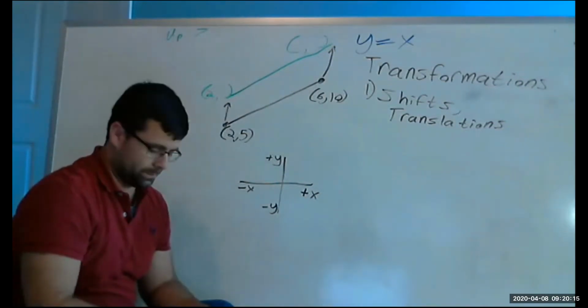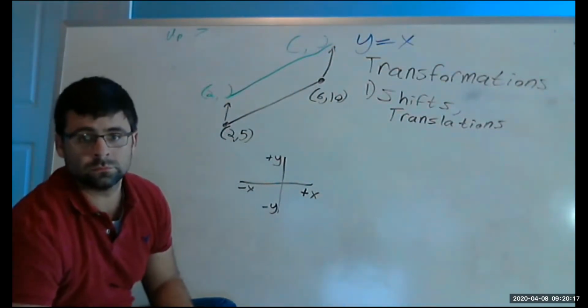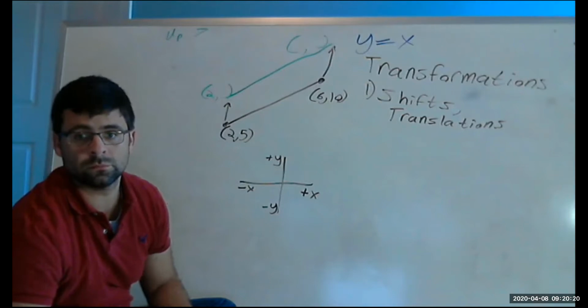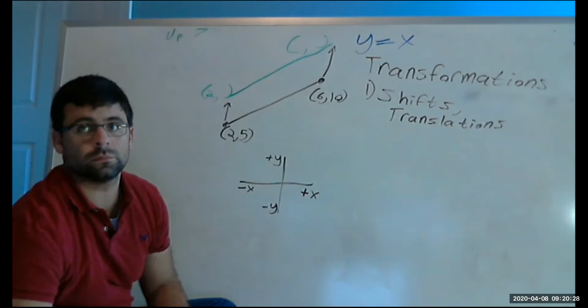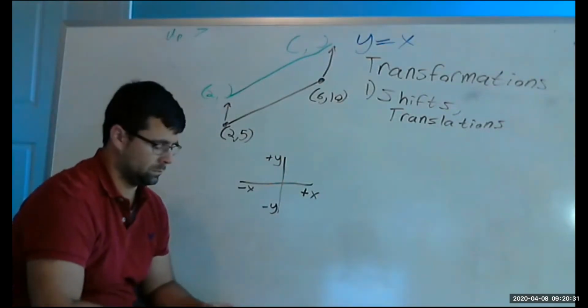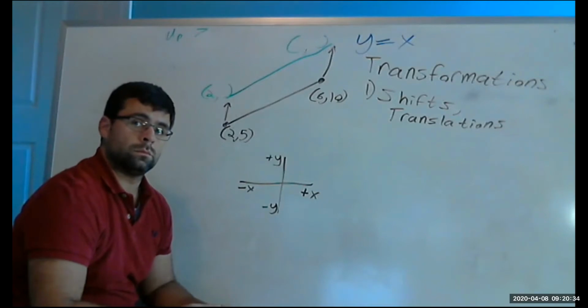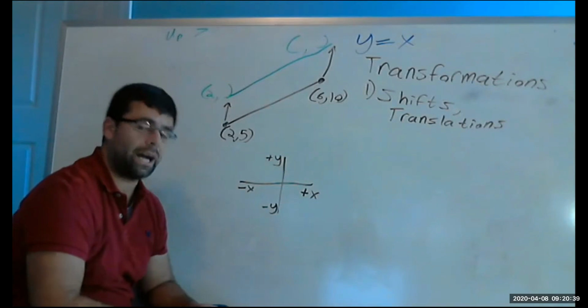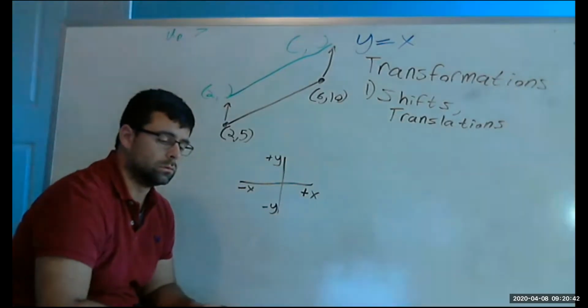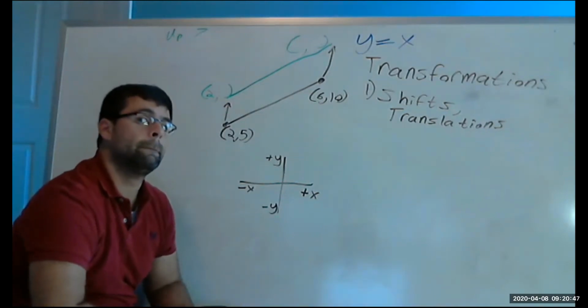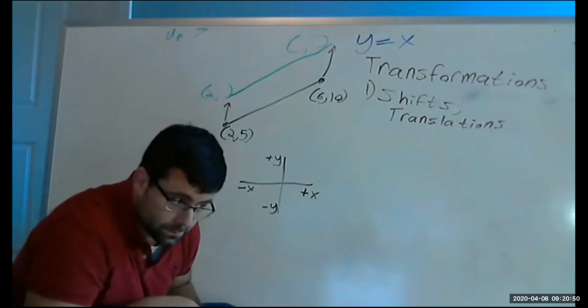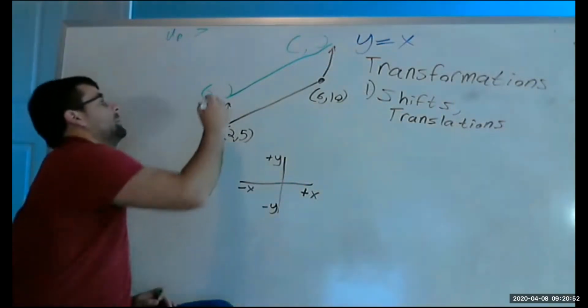What happens to the 5? It goes up by 7. So the new coordinate is 7 higher than the old one, which would be what? 12.